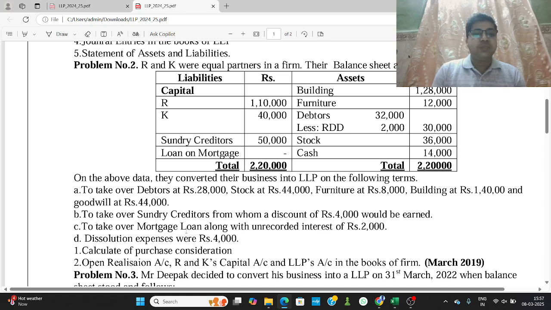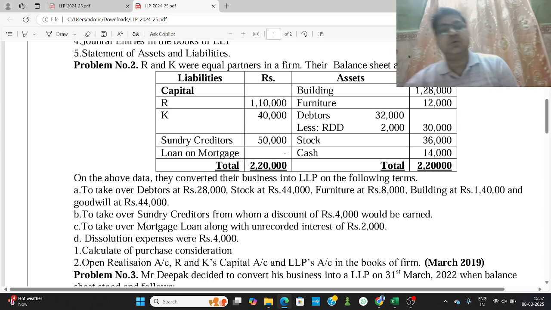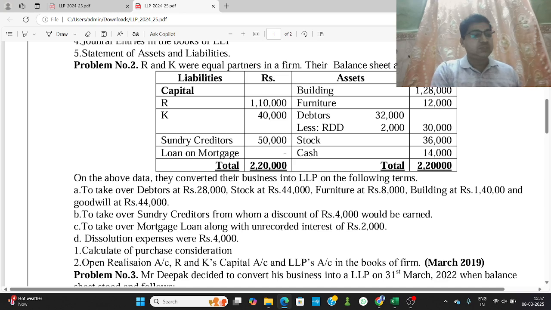C. To take over the mortgage loan along with the unrecorded interest of rupees 2,000. Dissolution expenses were rupees 4,000. Calculate the purchase consideration and open the realization account, R and K's capital accounts, and LLP's account in the books of the firm. This was a Mumbai University problem, asked in March 2019.